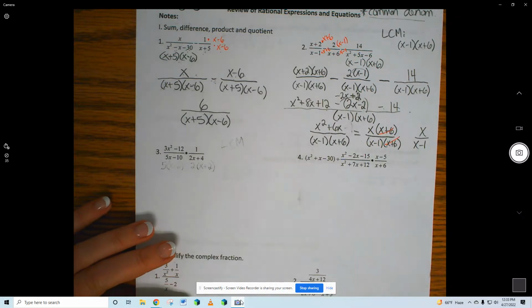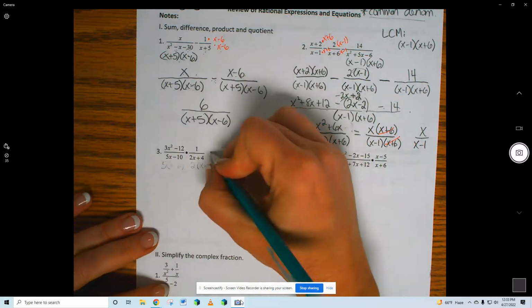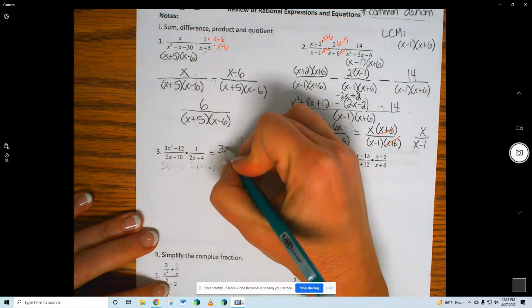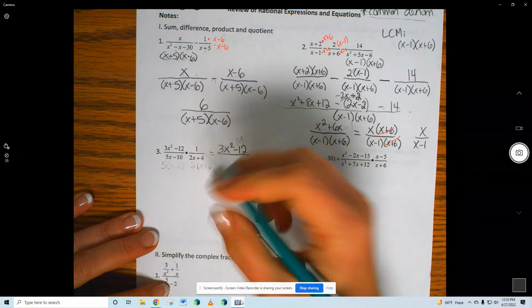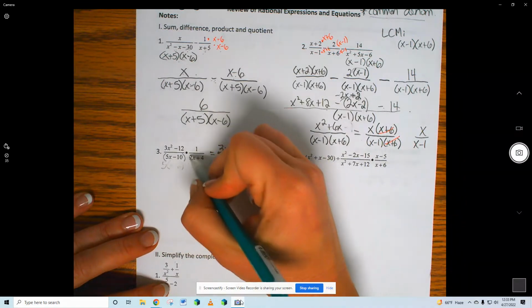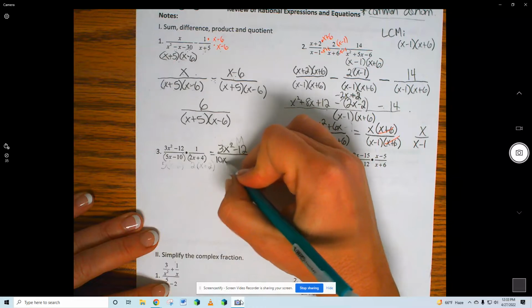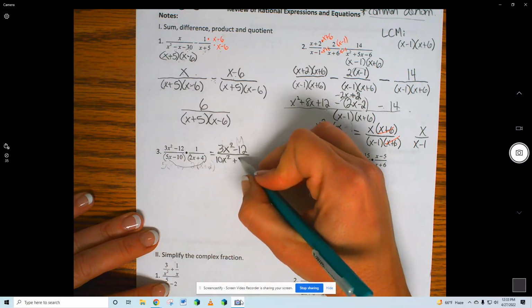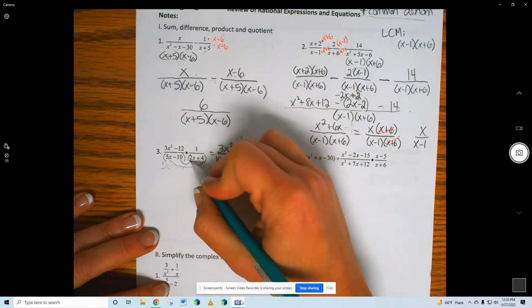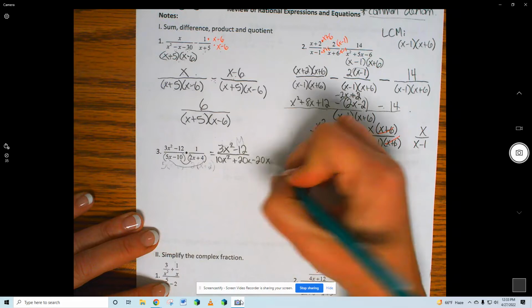So this, honestly, is me just multiplying everything out. It's a lot. Nothing's going to happen on top. But on the bottom, I'm basically FOILing, right? First, 10x squared. Outside, 20x. Inside, minus 20x.